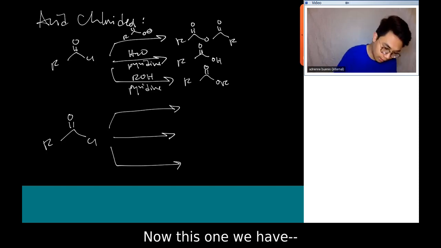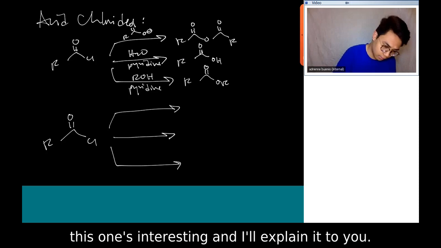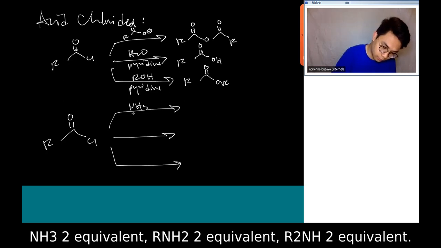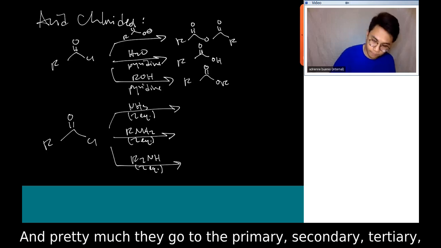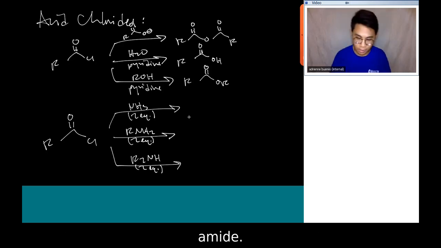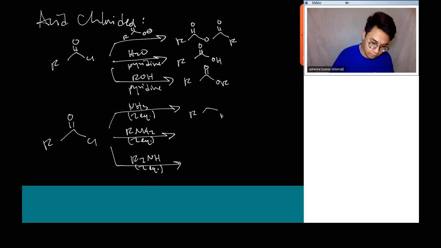Now this one's interesting, and I'll explain it to you. NH3, 2 equivalent, or RNH2, 2 equivalent, R2NH, 2 equivalent. And pretty much they go to the primary, secondary, and tertiary amide. NHR.